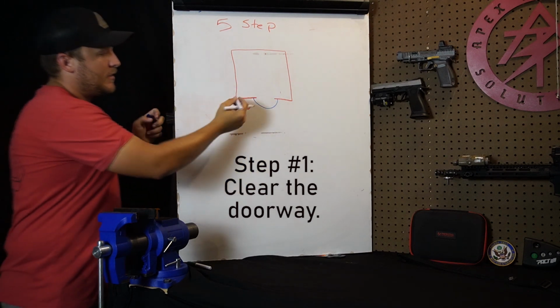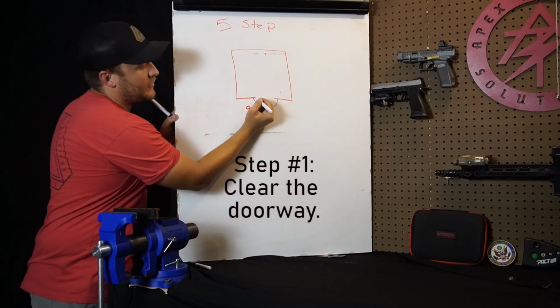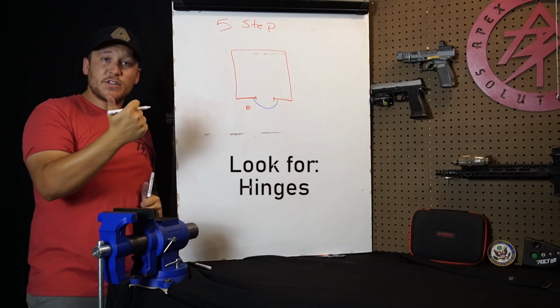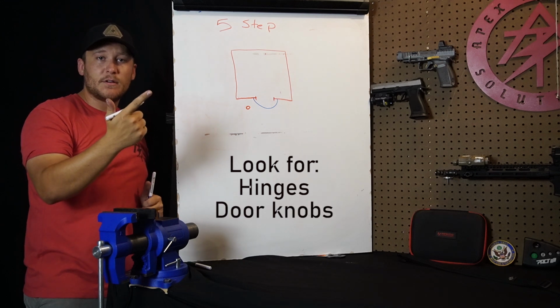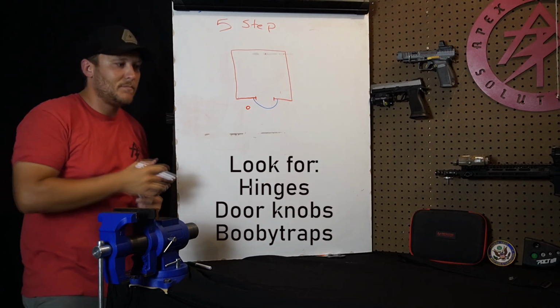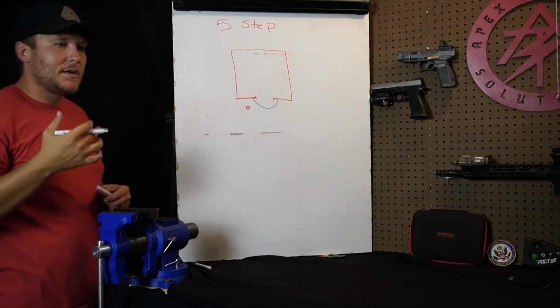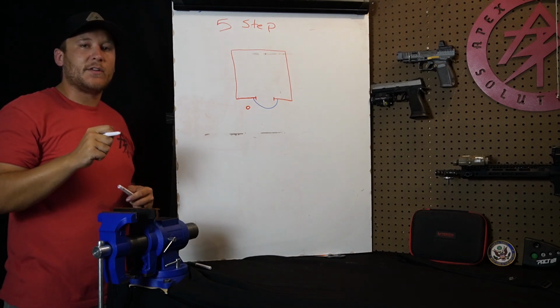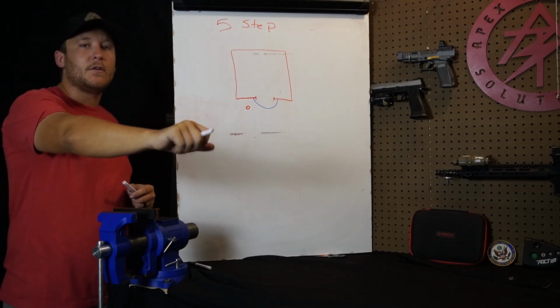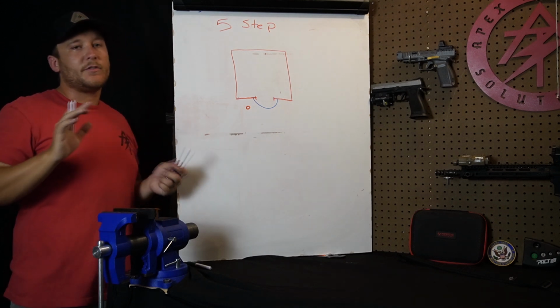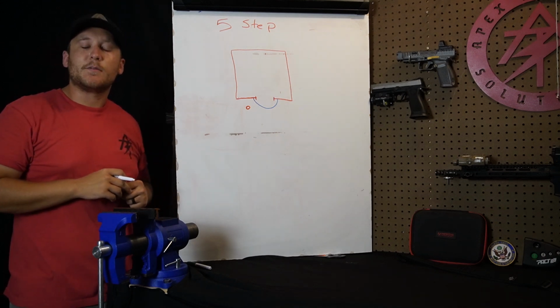If we draw our little hashes here, so we see our door, we're gonna be looking for hinges, doorknobs, and any other kind of booby trap or obstacle that could be in our way, right? It's very important that we clear and identify that doorway so we know whether or not to push the door in or pull the door. That way we don't think it's something that needs to be breached. And all these are things we're gonna cover later in door accessibility and in breaching.